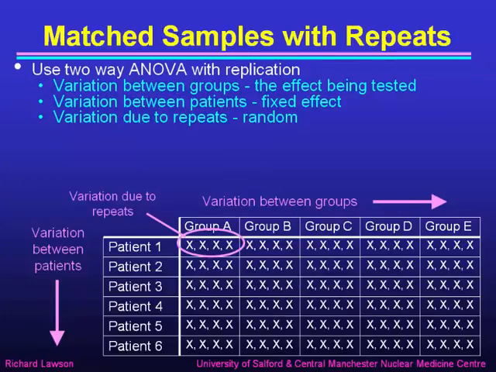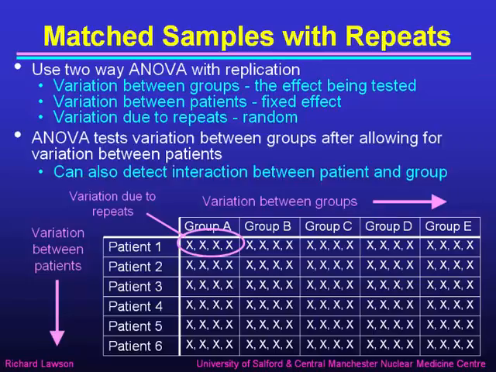And if we do the same thing with repeats, then a two-way analysis of variance with replication, the variation between groups is the effect we're testing for. The variation between patients is a fixed effect that we expect to be there, and variation within each group is repeats, which are random and give us some idea of the precision of the measurement.